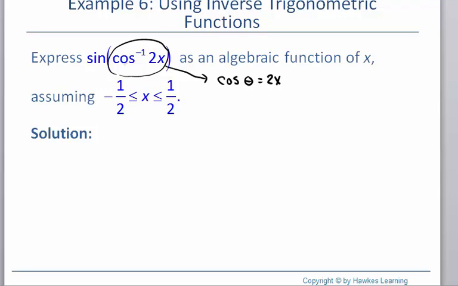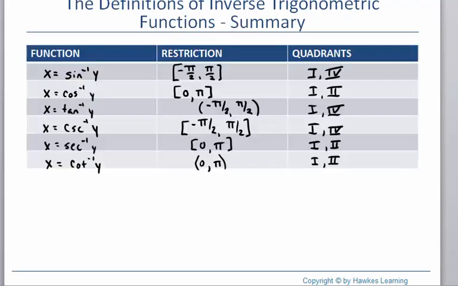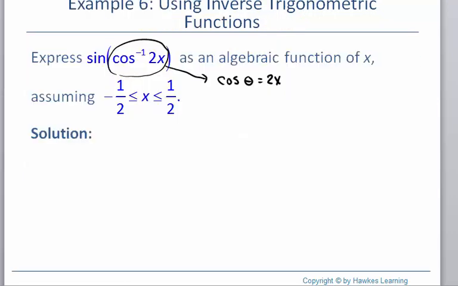Remember that on the cosine inverse, let's go back and take a quick look at our chart. On the cosine inverse, we can use quadrant 1 or quadrant 2. Quadrant 1 is for the positives, and quadrant 2 is for the negatives. Okay, so we're going to go ahead and go with quadrant 1 because it appears that 2x is a positive function.